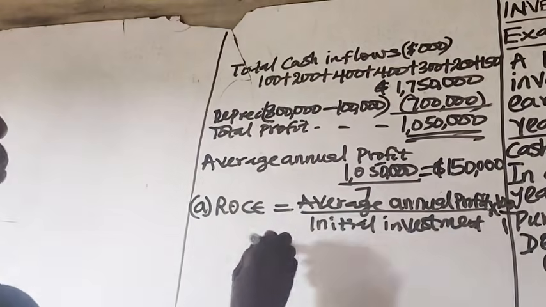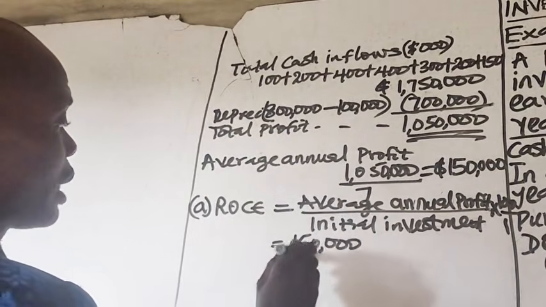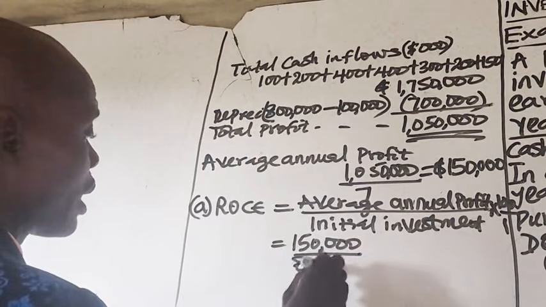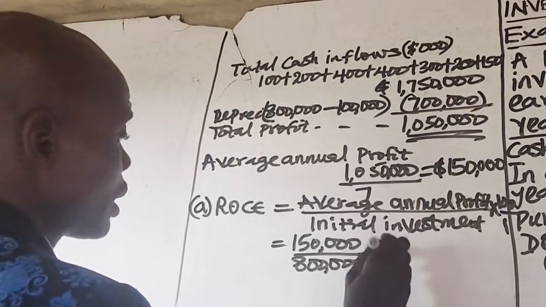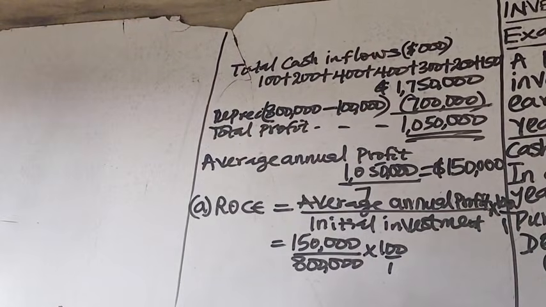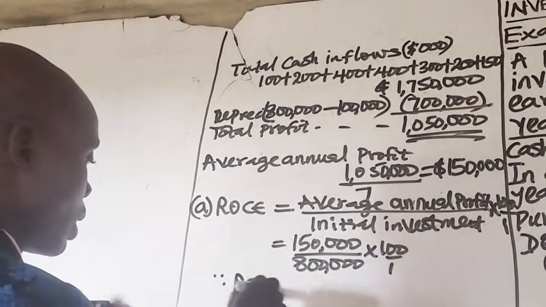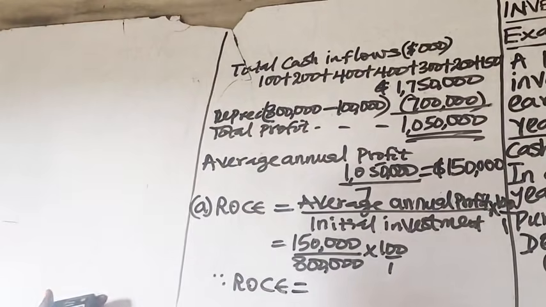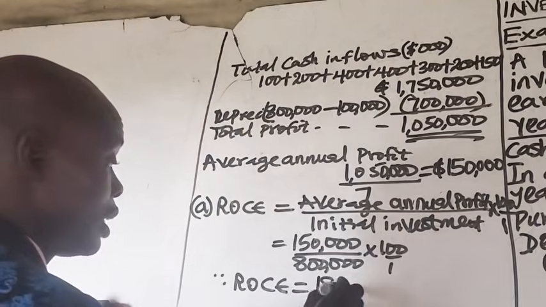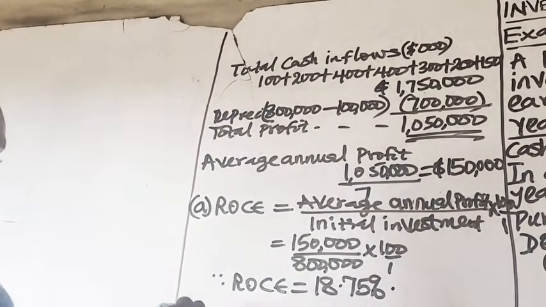So the average annual profit as calculated amounted to $150,000. And the initial investment is given to be $800,000 in the question, times 100. So 150,000 divided by 800,000 times 100. Therefore, the ROCE, return on capital employed, is 18.75%. That is the solution to A.